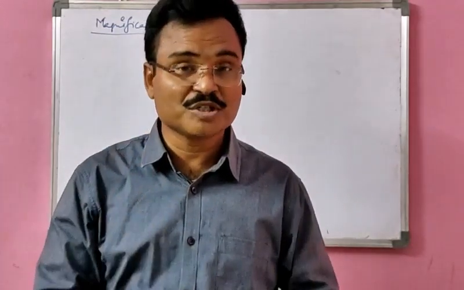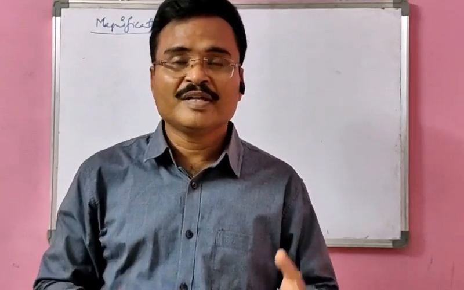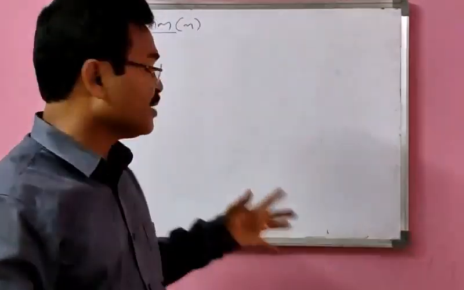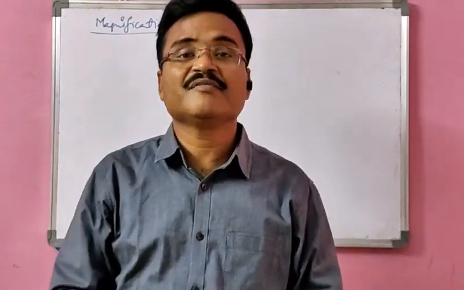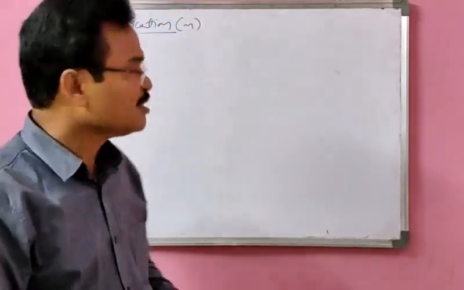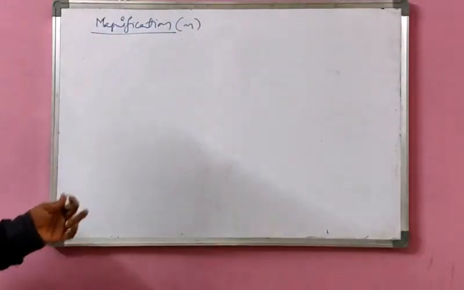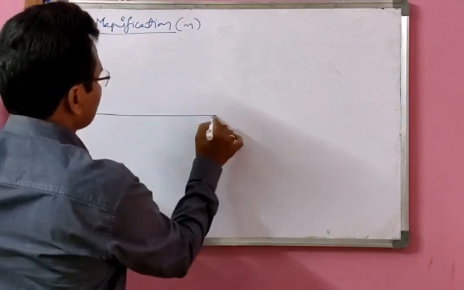That depends on the position of the object and the nature of the mirror. So the magnification value may be greater than 1 if the image is bigger than the object, and less than 1 if the size is smaller. Okay, I'm going to give you the definition of this, and for that I'm drawing another figure.